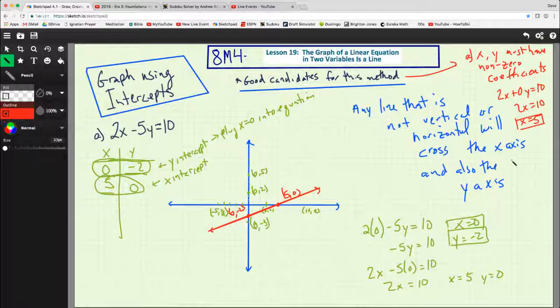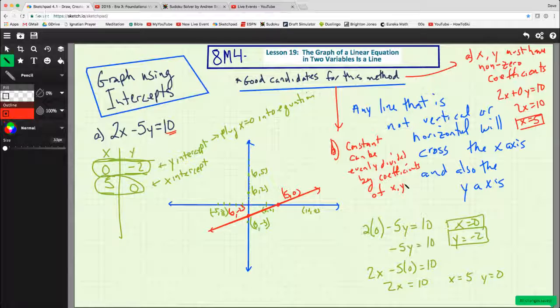The second thing that we want to be true is that we have easy divisors, so that this value C, the constant, can be evenly divided by the coefficients of x and y.